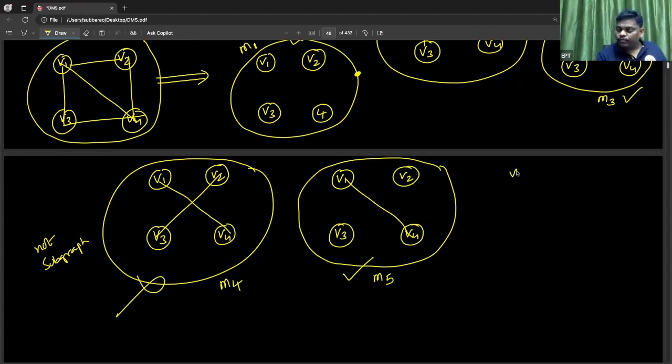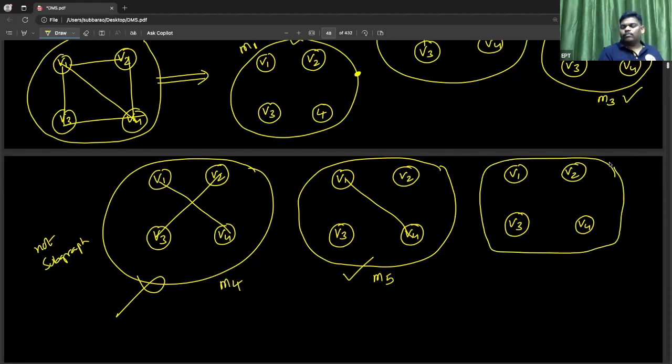Next one. V1, V2, V3, V4. Now see this one. Listen, I'm giving one small thing. Is it a subgraph? M6.